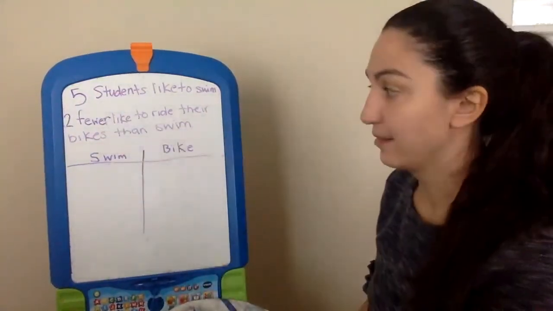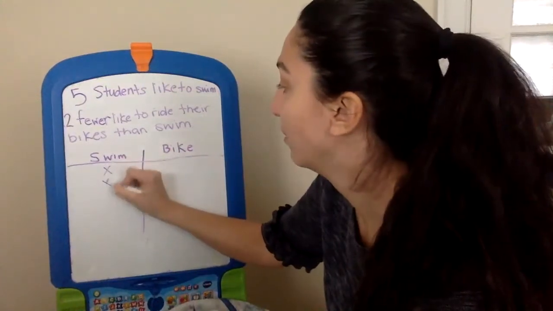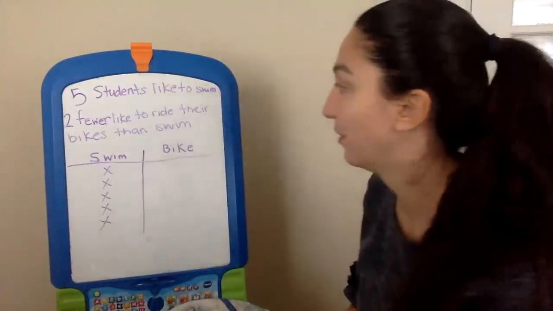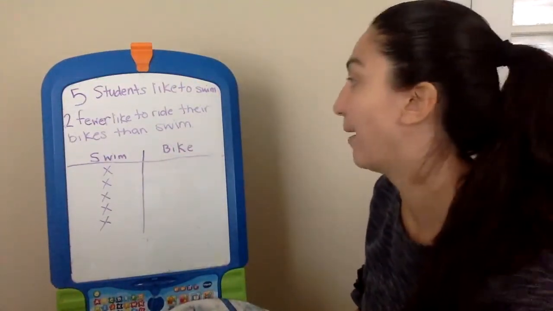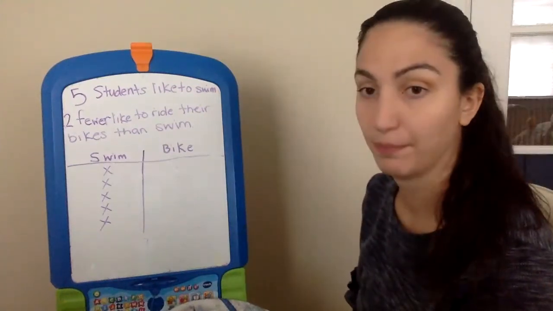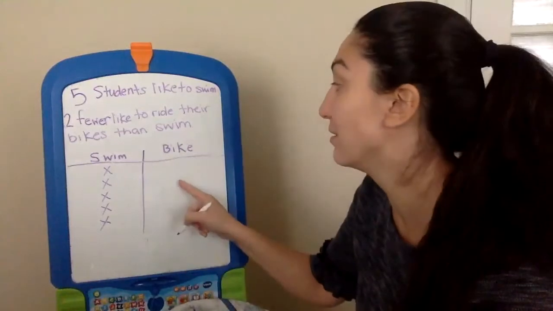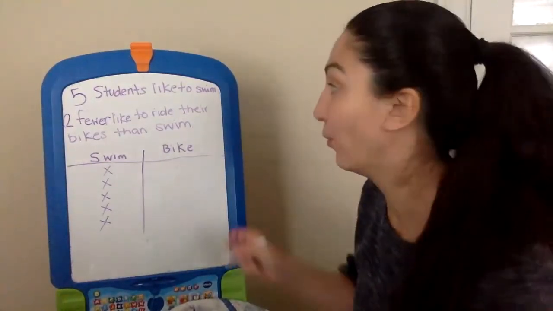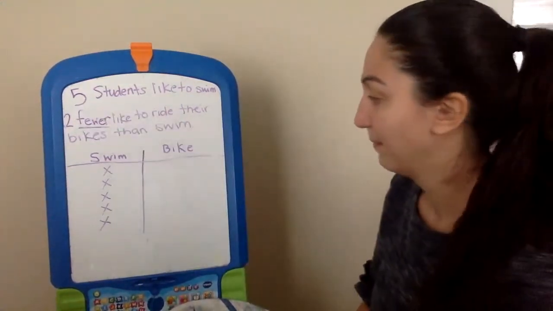So it says, 5 friends like to swim. 1, 2, 3, 4, 5. 2 fewer friends like to ride their bikes than swim. Okay, so more friends like to swim than ride their bikes. This is going to be less than 5. Because of the word fewer, it's telling us fewer, it's less.